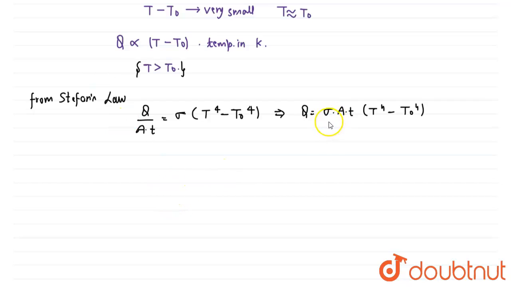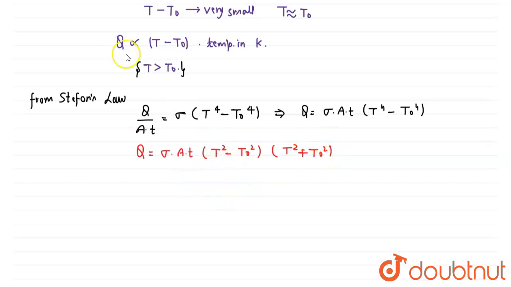Here sigma is a constant, and if we rearrange this equation, Q can be written as sigma A t into T square minus T naught square, into T square plus T naught square. I'm applying here a power 4 minus b power 4.